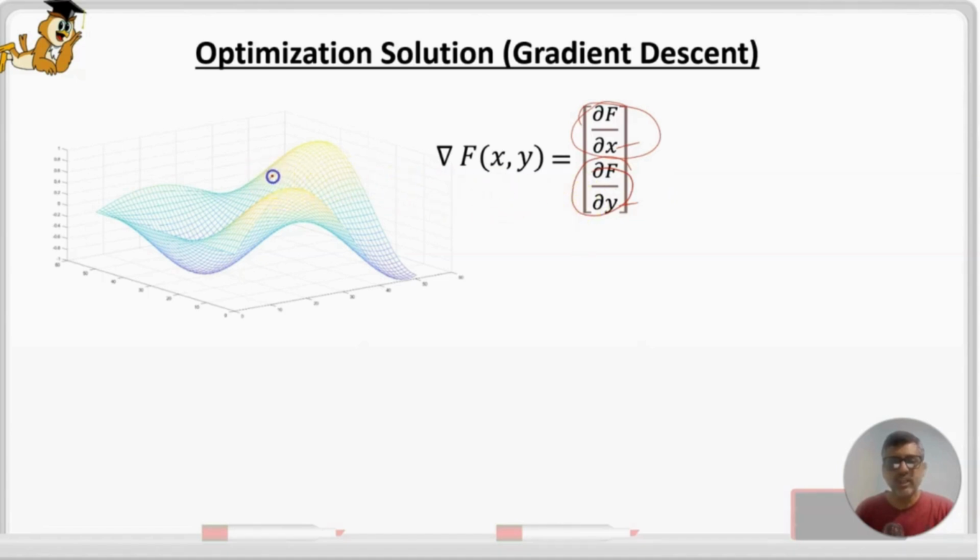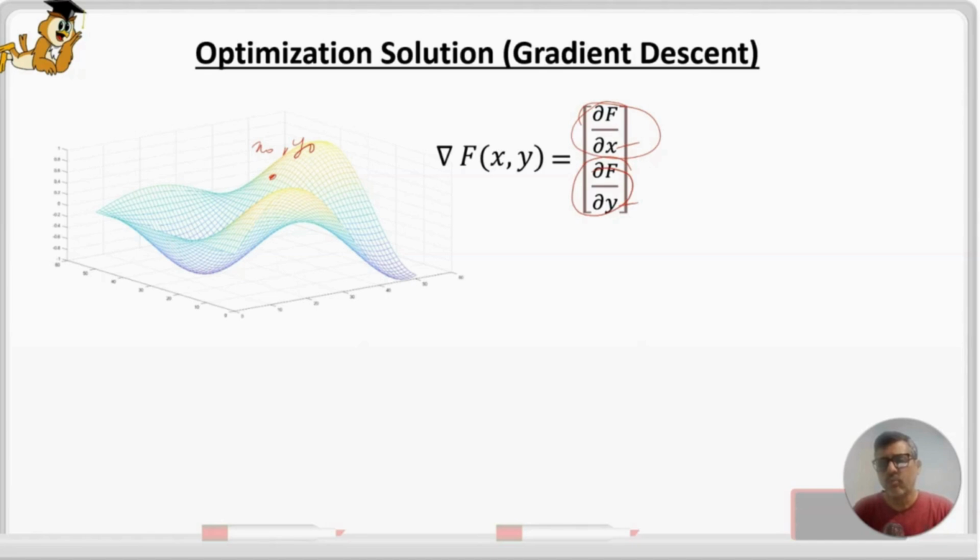If you are sitting at a point, x0, y0, you essentially plug in the values of x0 and y0 into this gradient function to compute the gradient at this particular point. Fairly simple: take the gradient and plug in the values of x and y where you are sitting.